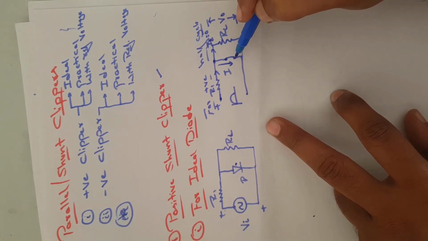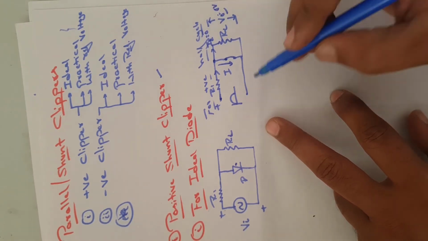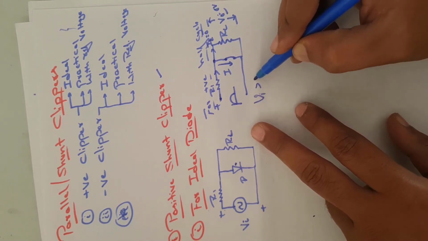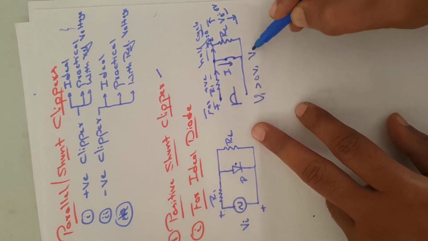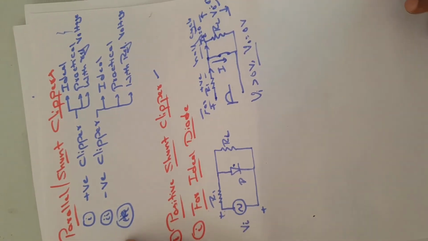Since here I have more resistance because of RL, no current will flow towards RL. Therefore V0 is equal to V into I from Ohm's law, I equals 0, therefore the output voltage is 0 volts. It means when the input voltage is positive, in the sense when it is more than 0 volts, V0 is equal to 0 volts. This is during the positive half cycle.